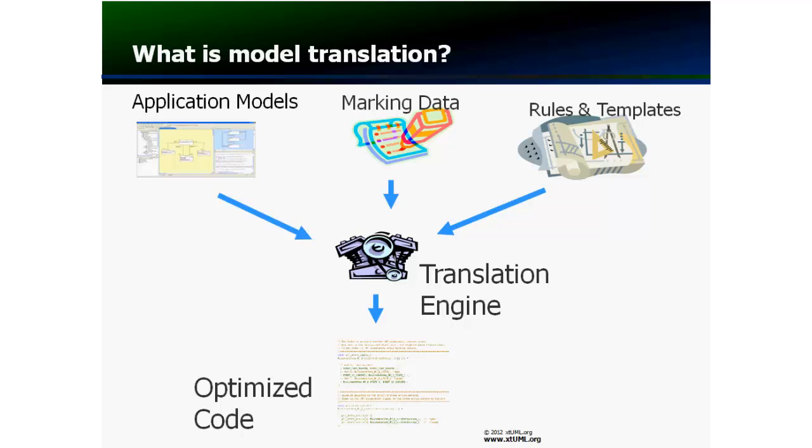The user provides application-specific translation settings via marking data. And the final input is the application-independent rules and templates that define the desired shape and structure for the application in the target language. These three inputs are fed into the translation engine to produce the optimized code in the target language.